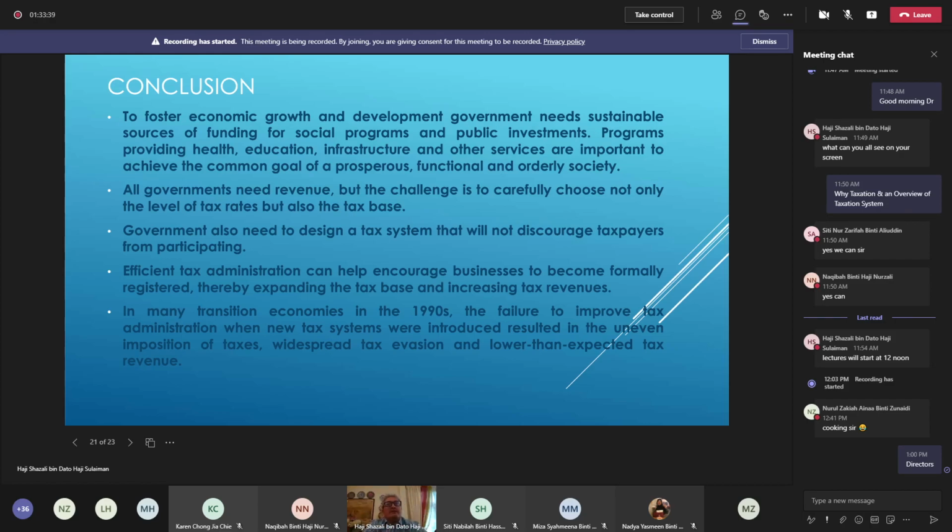Okay, all governments need revenue, but the challenge is to carefully choose not only the level of tax rates, but also the tax base. Who do you want to tax at what rate? Everybody wants money. Ministry of Health wants money, finance, defense, education, communication. So everybody needs to put in a budget.